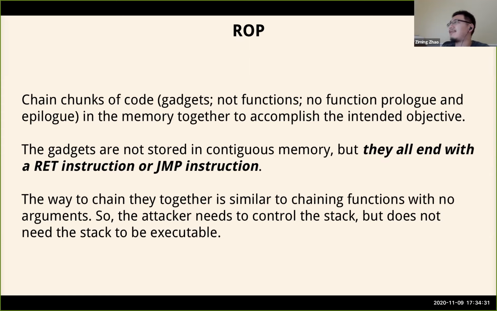But gadgets are very small: just several instructions, then a return instruction or a jump instruction. Because of that, there is no function prologue or epilogue there. So the return in there is not necessarily intended to be a return. It could just be a data byte C3, that's a return. Then we chain them together in memory to accomplish anything we want.